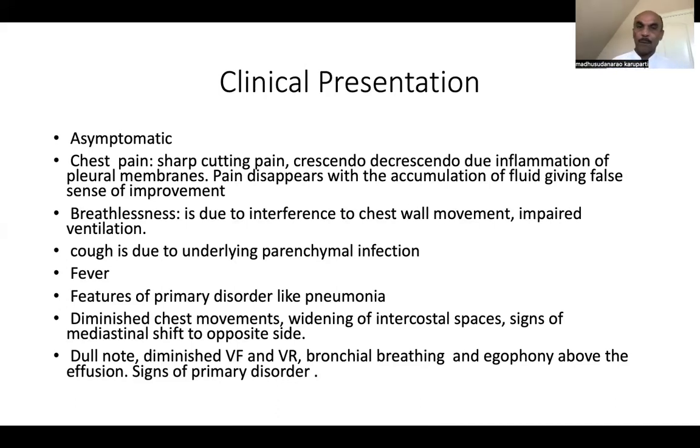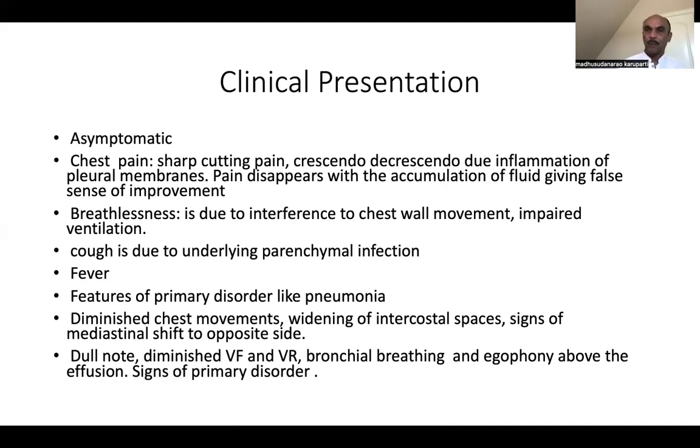The patient complains of severe cutting pain, crescendo and decrescendo, due to inflammation of the pleural membrane. When the fluid gets accumulated, the pain gradually disappears, giving a false impression of improvement, which is not true.